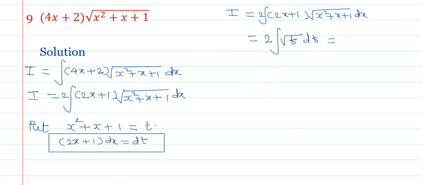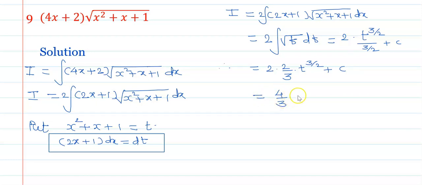The integral of root t is equal to 2 into t raised to 3 by 2 upon 3 by 2 plus c, that is 2 into 2 upon 3 into t raised to 3 by 2 plus c, and that is equal to 4 upon 3 into t raised to 3 by 2 plus c.